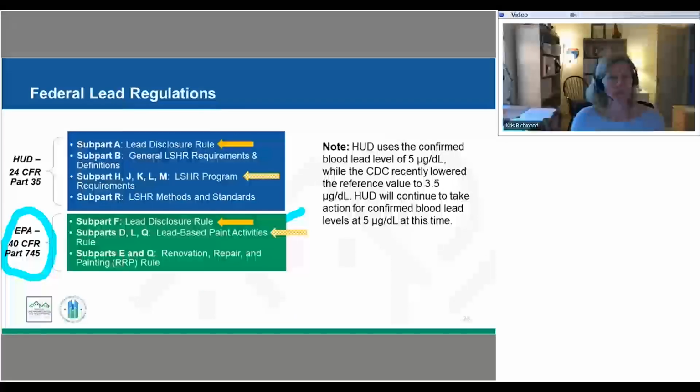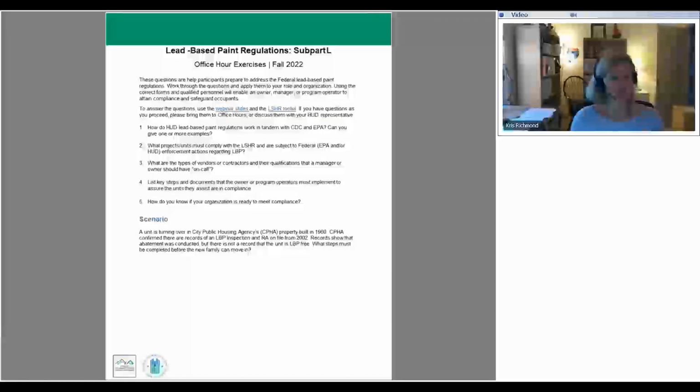Let's go back to our exercise. All right, question number 2. What projects or units must comply with the Lead Safe Housing Rule and are subject to federal, EPA, or HUD enforcement actions regarding lead-based paint? So this is our HUD-assisted housing that's built before 1978, unless there's some exceptions.